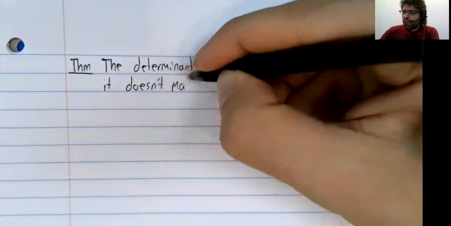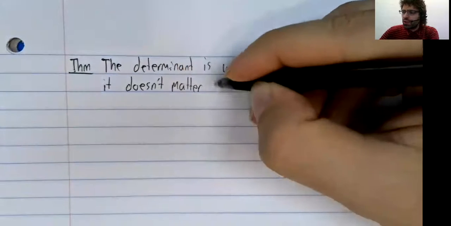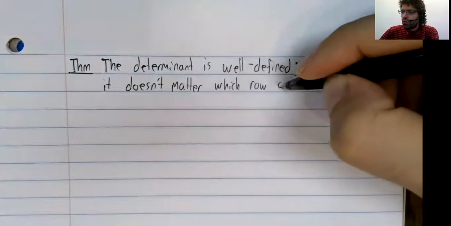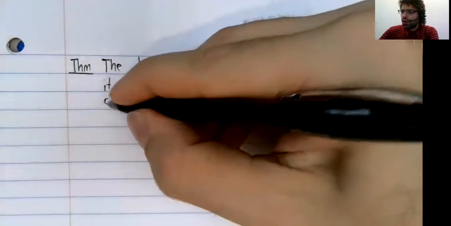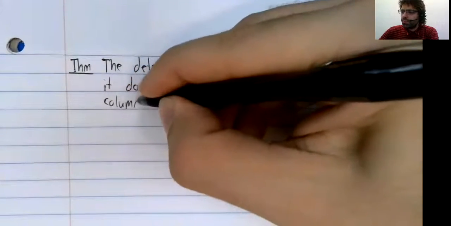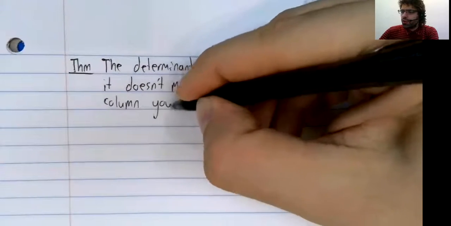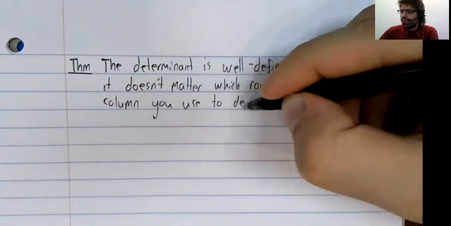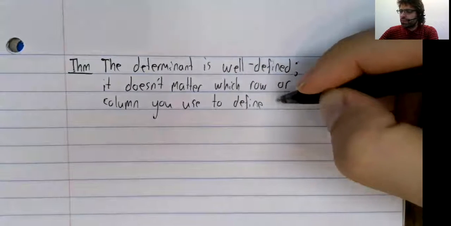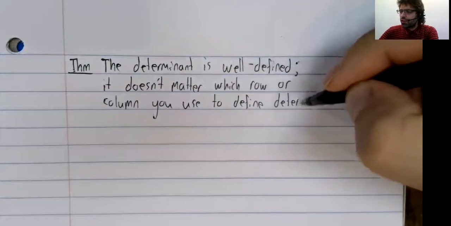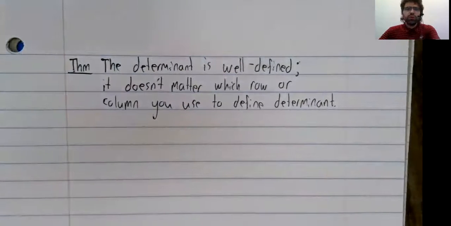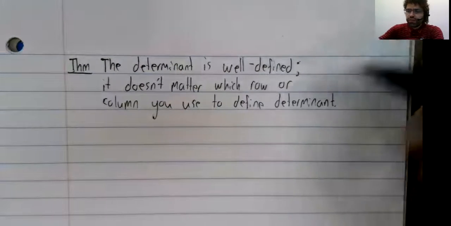It doesn't matter which row or column you use to define the determinant. You'll get the same number in either event.